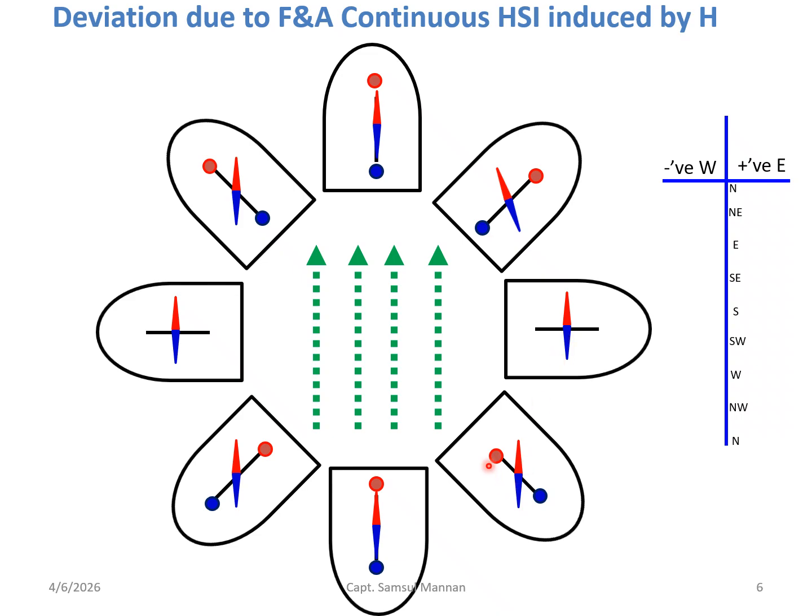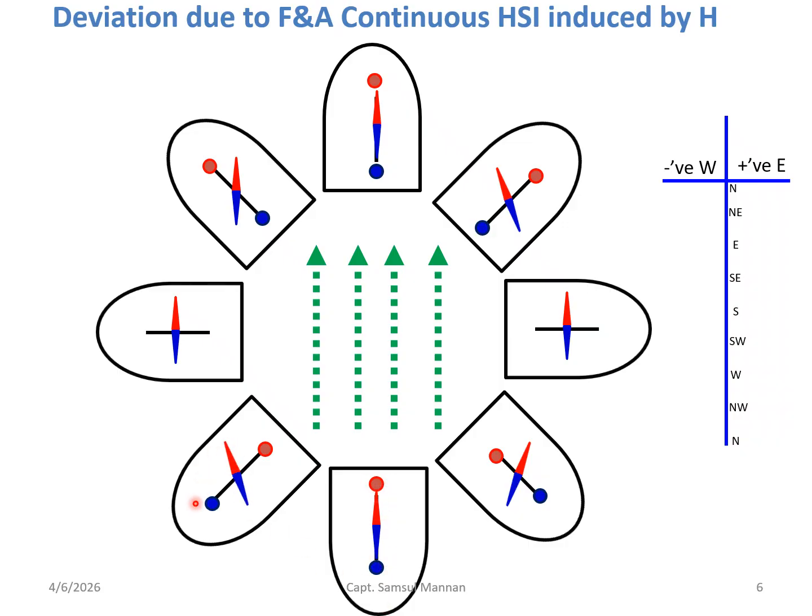And when the vessel is on the 135 degree course, there will be some deviation. Again, when the vessel is on the 180 degree course, though the pole has changed, there will not be any deviation, right? Because these poles are fully aligned with the compass needle.